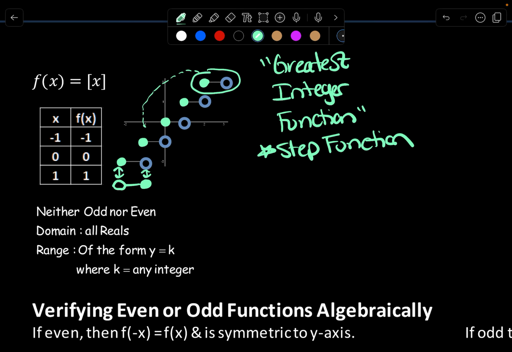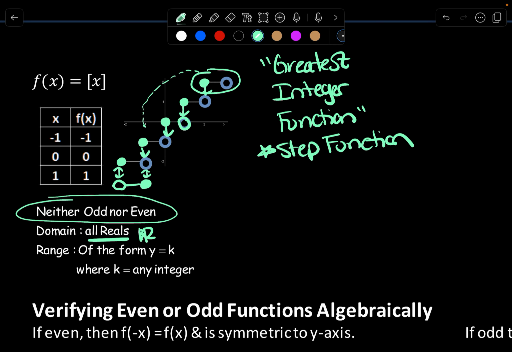The non-inclusive and the inclusive endpoints for each of those bars are not overlapping. Therefore, it is neither odd nor even. But the domain is all reals because even though there is a hole here, there is an output value for that particular x value, and that happens for every single part of this. So therefore, the domain is all reals.